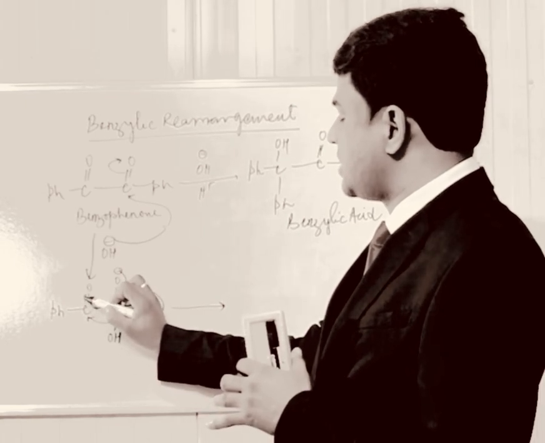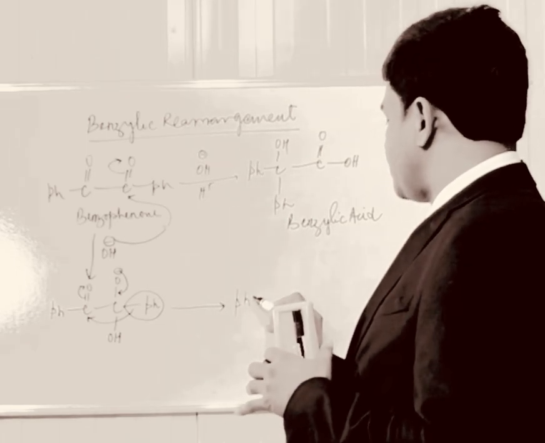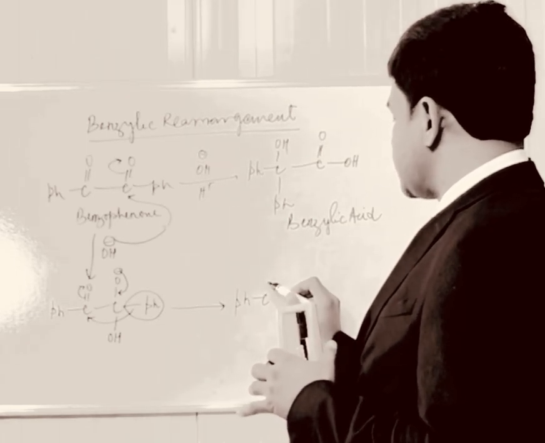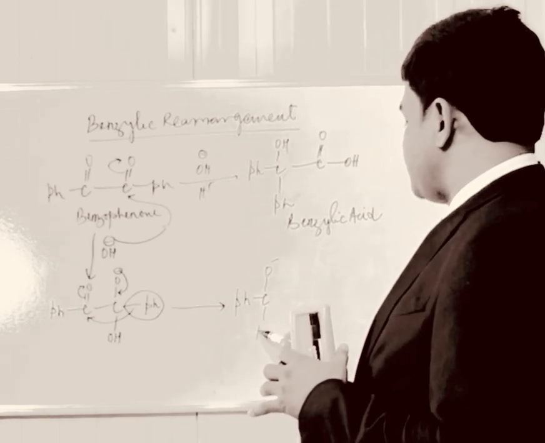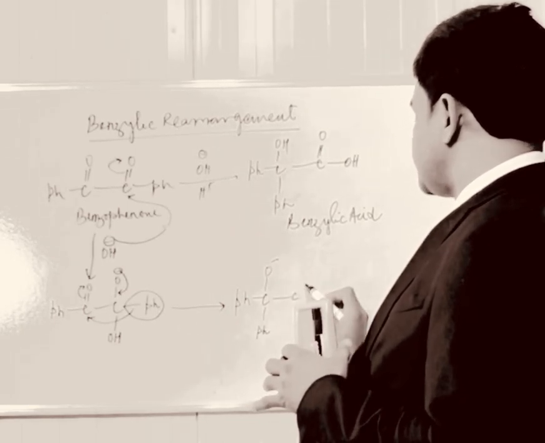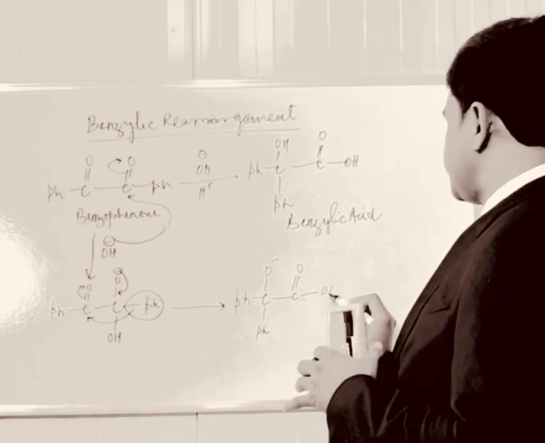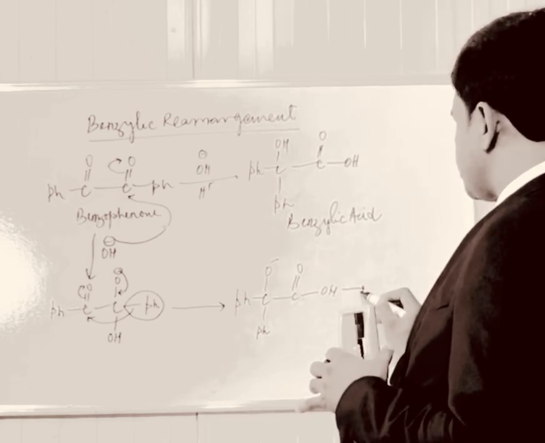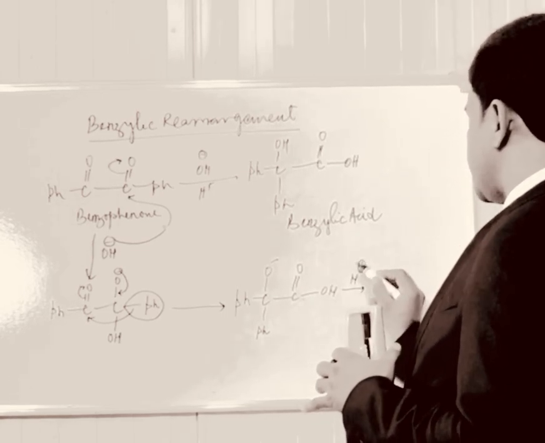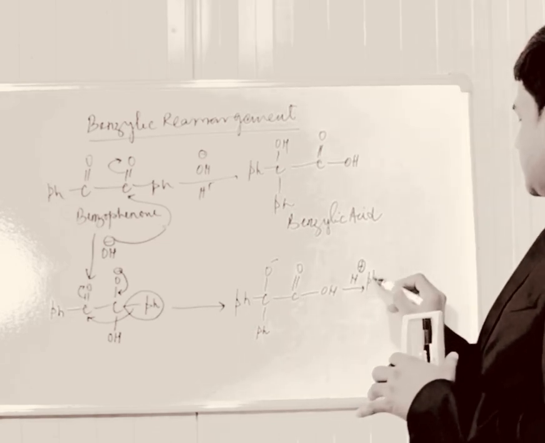Therefore this pi bond is shifted onto the oxygen, and formation of an intermediate like this, O minus. Here we have a Ph, C double bond O, and this one is OH, and it absorbs a proton from the reagent and forms a product like this.